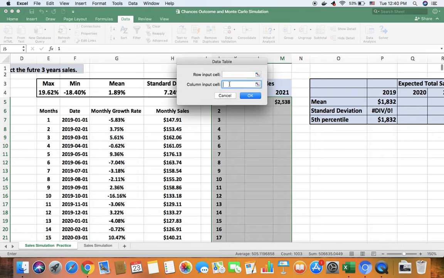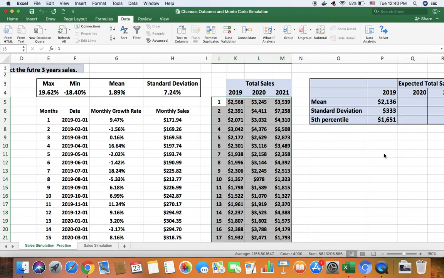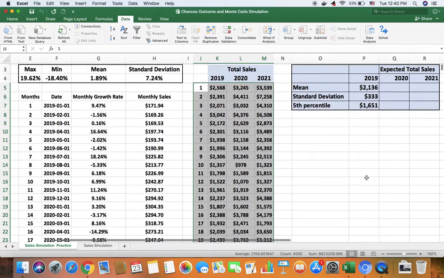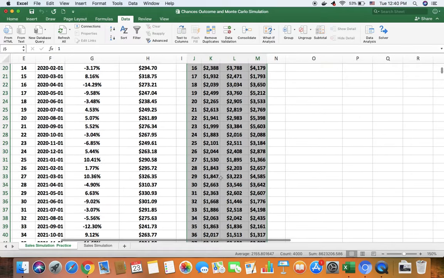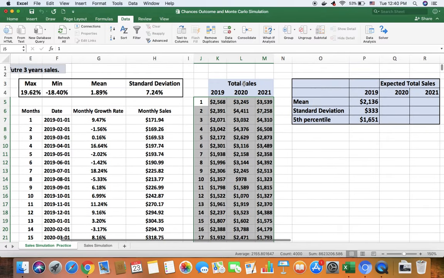For the column input cell, just click one empty cell on the sheet. Anyone, just make sure it is empty. Then click OK. Now we have 1000 scenarios of total sales for the future 3 years.